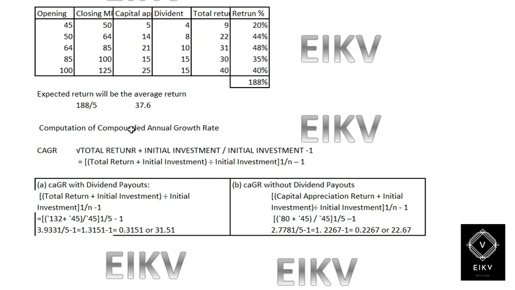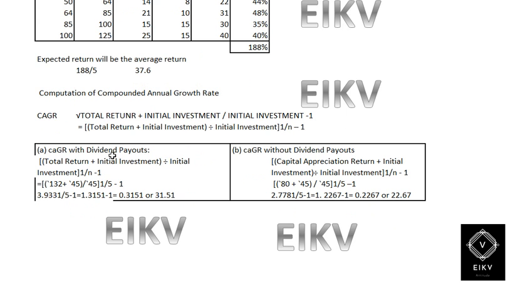Now the computation of compounded annual growth rate, CAGR. So the formula for CAGR is the nth root of total return plus initial investment divided by initial investment, minus 1. Therefore we should consider two methods.